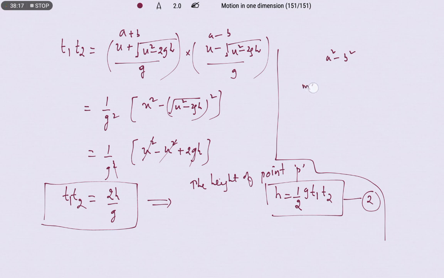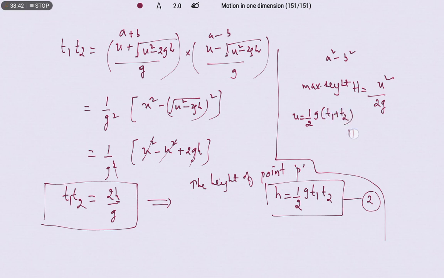So maximum height. What is the formula for maximum? This h is not the maximum. h is a point in its journey where it crosses the point two times. So the maximum height is u square by 2g. Already we have the value of u as 1 by 2 g into t1 plus t2.